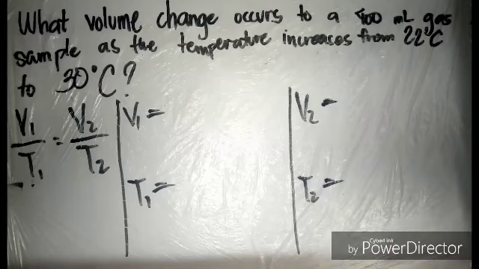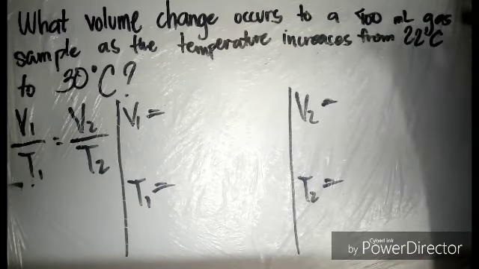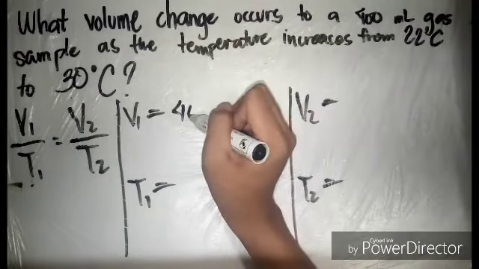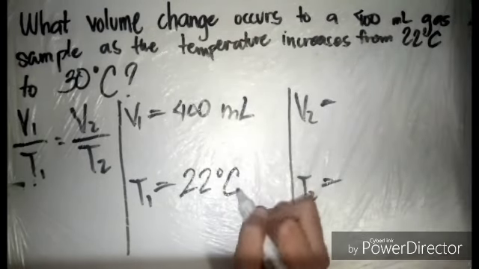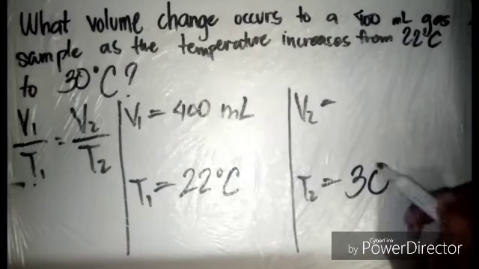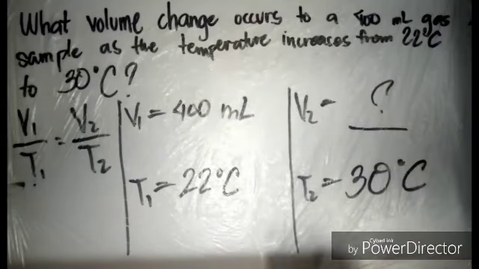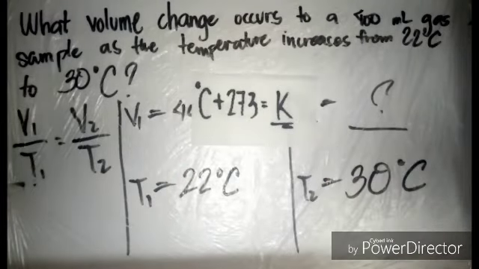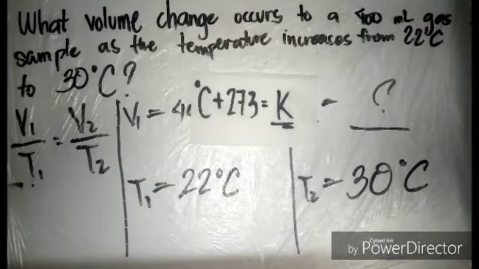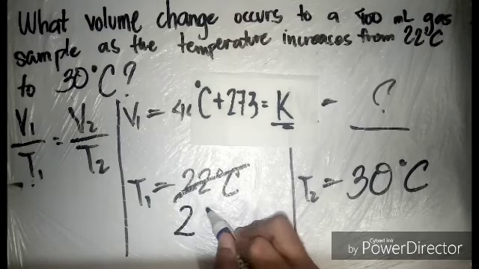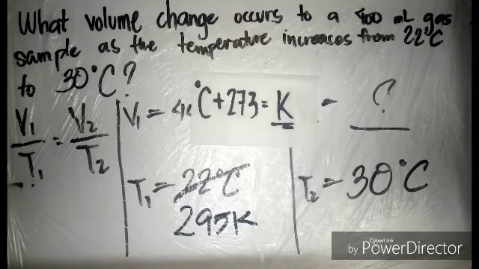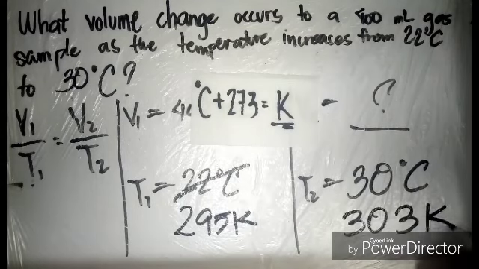So our first volume is 400 ml and its temperature is 22 degrees Celsius, while the second temperature is 30 degrees Celsius, and we are finding the other volume, so we should convert it into Kelvin by adding 273, and we would get 295 Kelvin and 303 Kelvin.